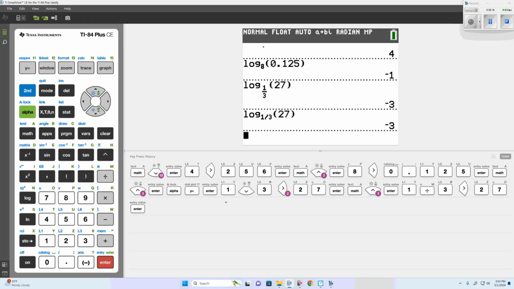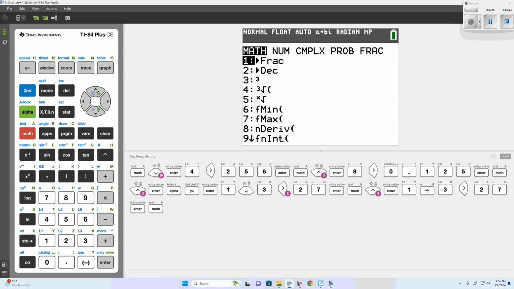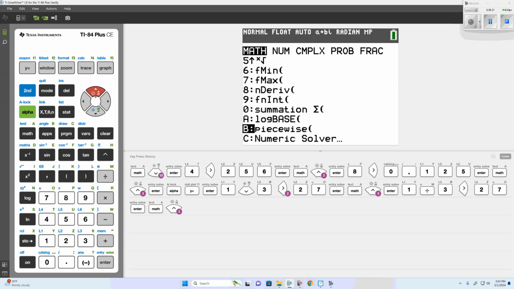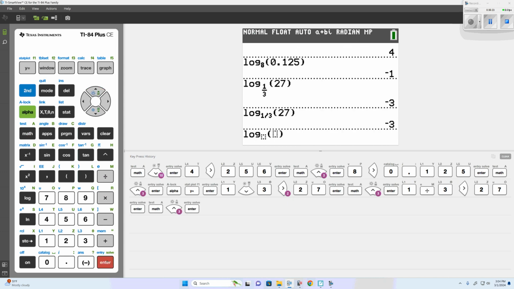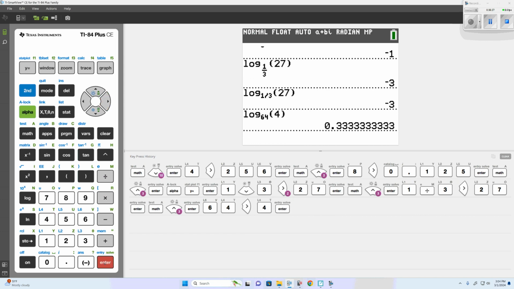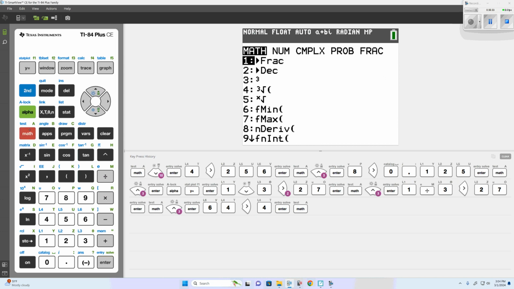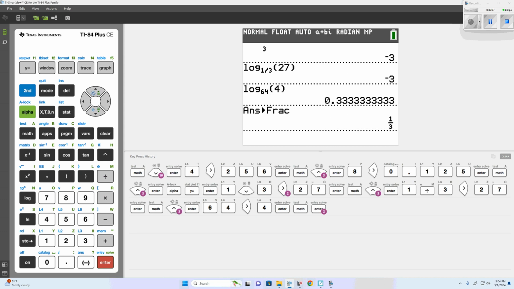But if we get a repeated decimal number, I'd prefer it as a fraction. So if we said log base 64 of 4, we get 0.3 repeated. On the graphing calculator, if we hit math, the first one in the list is fraction, and it'll convert it to 1/3. So log base 64 of 4 is 1/3.